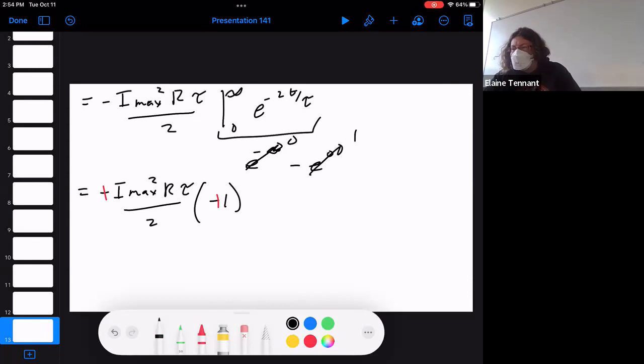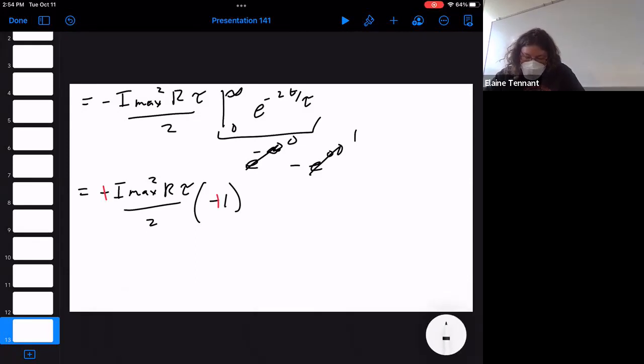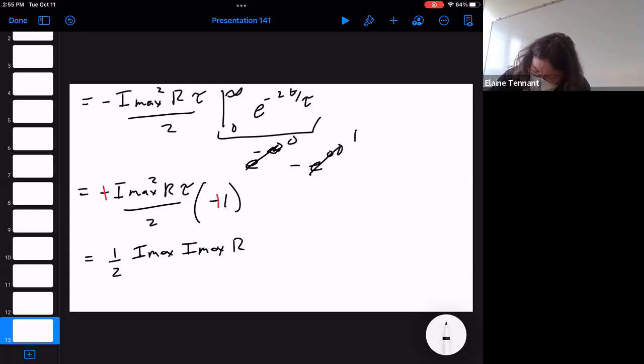And now let's see what we can do in terms of getting all these constants to form something that makes sense. So I have an Imax squared, so I'll have an Imax times Imax. I have an R. I have a tau, which is RC.